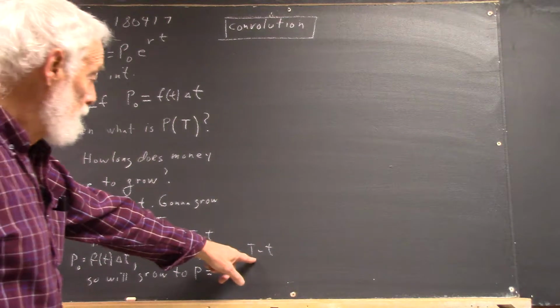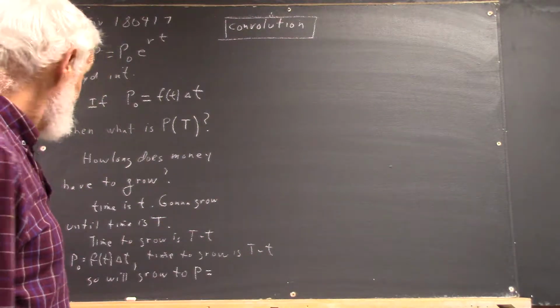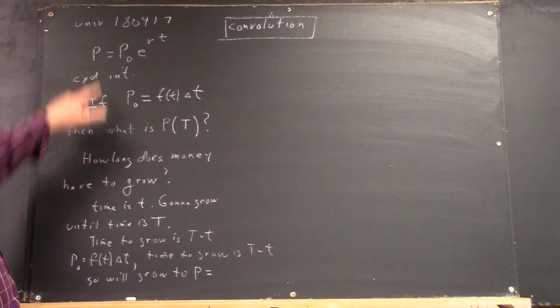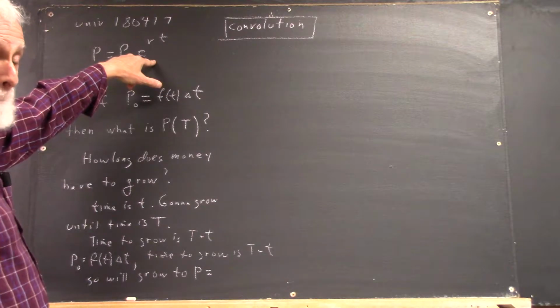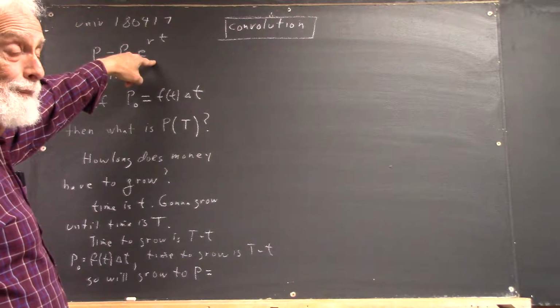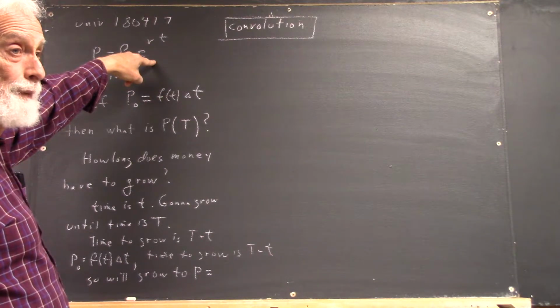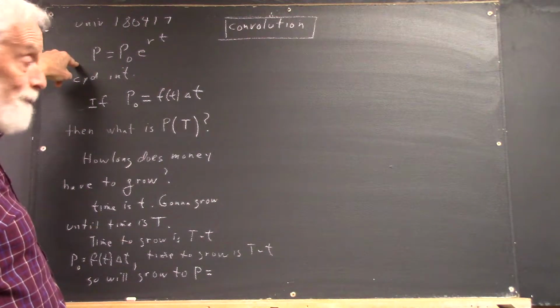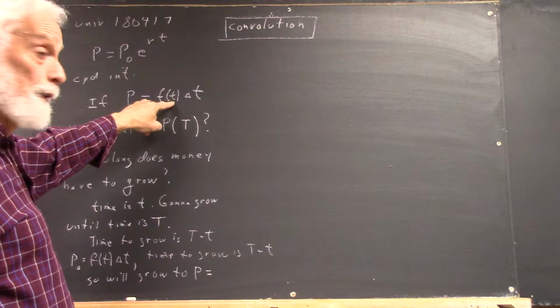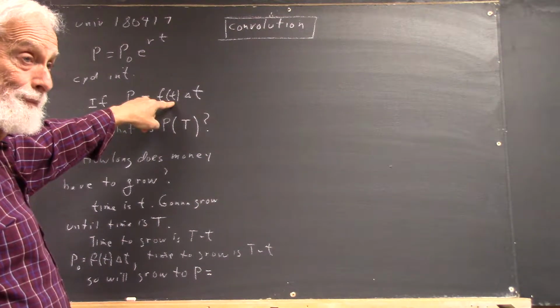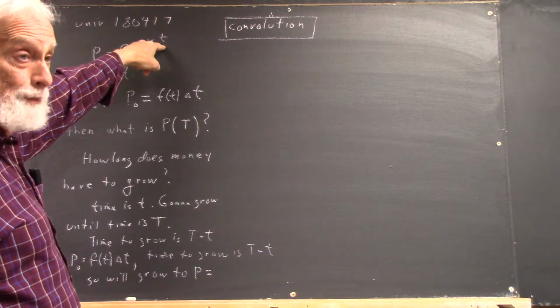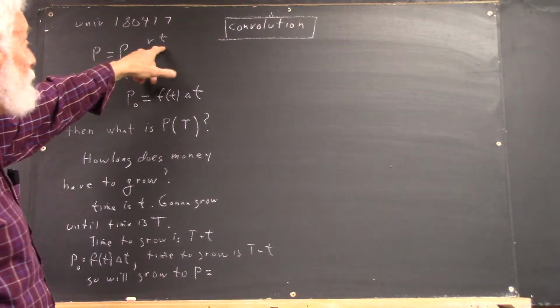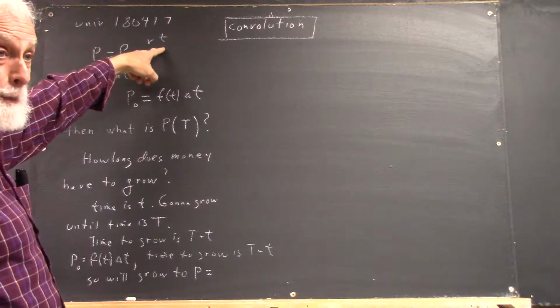So if this is how long it has to grow, and this is what you start with, what does this tell you? Well, the thing that's maybe a little confusing is this is a rule, and this little t has nothing to do with this little t. This is how much you have after this much time has passed, right?